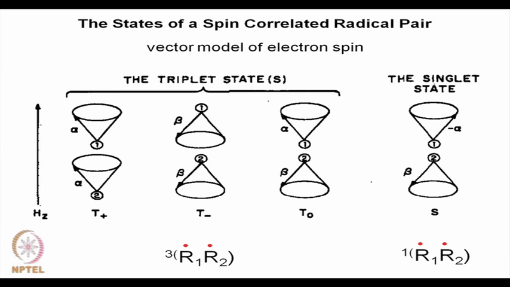So we can say that by applying an external magnetic field, not only like pressure, temperature, ionic strength, or changing the solvent, but external factors like magnetic field have been shown to be very effective in changing the overall rate. What it is doing is altering the singlet-triplet interconversion rate of the radical pair.